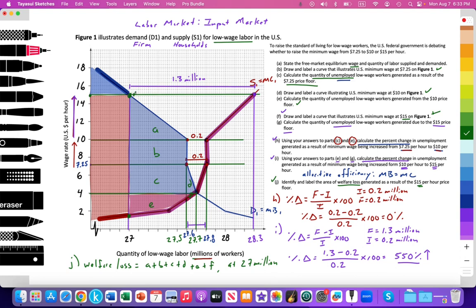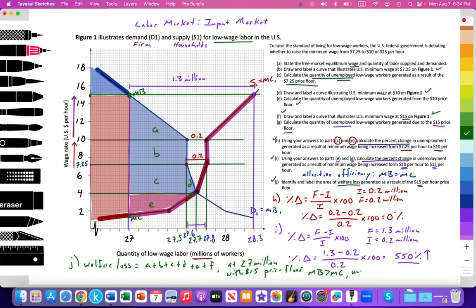We can see that the marginal benefit, because that's my demand curve, is greater than the marginal cost. So at 27 million workers with the $15 price floor, we can see that the marginal benefit is greater than the marginal cost.